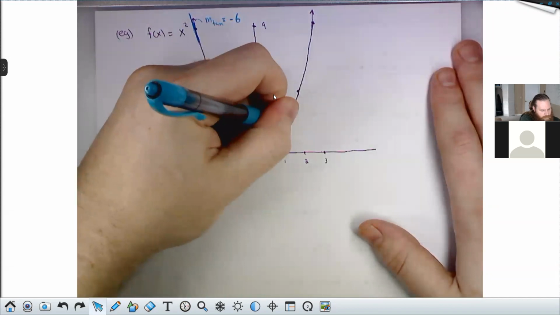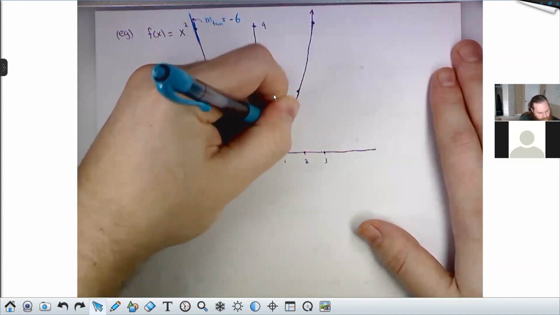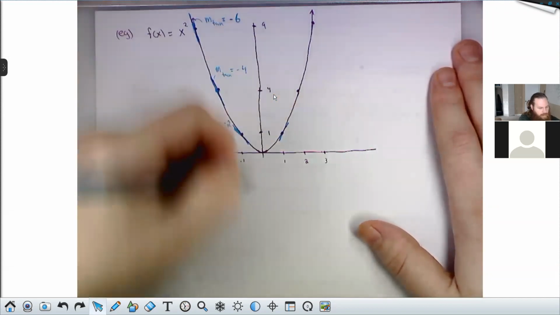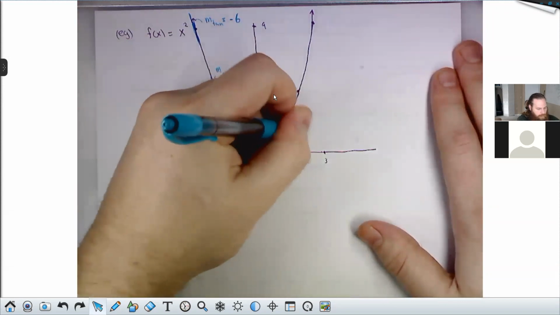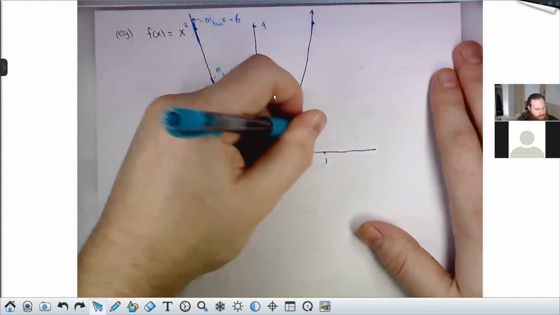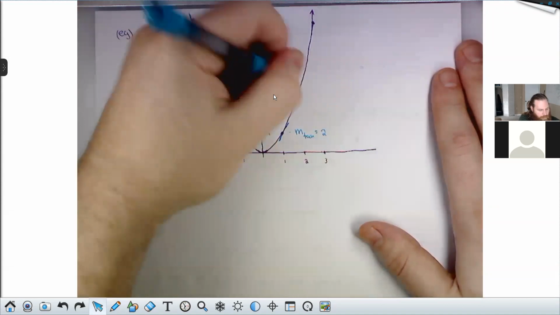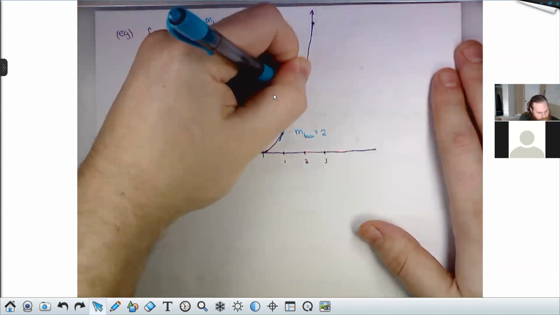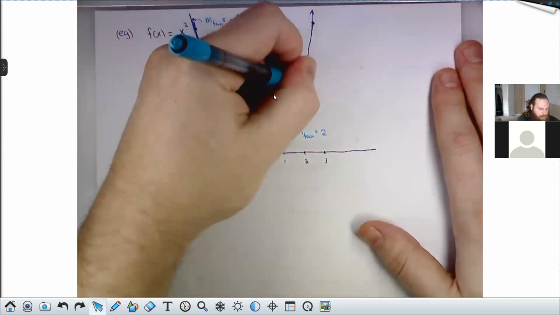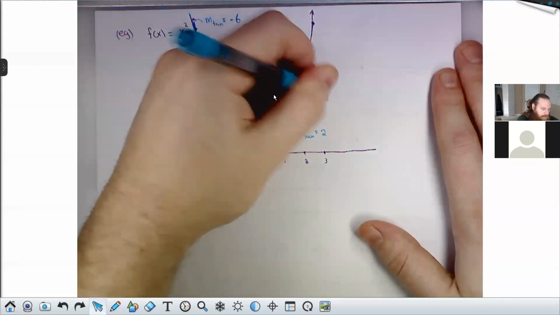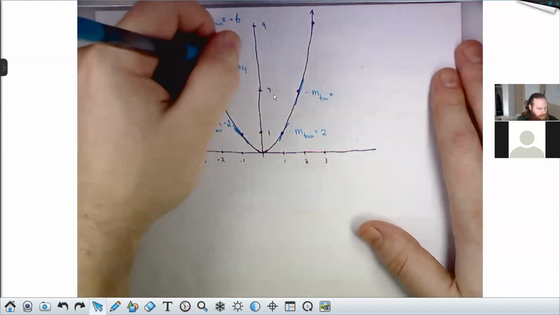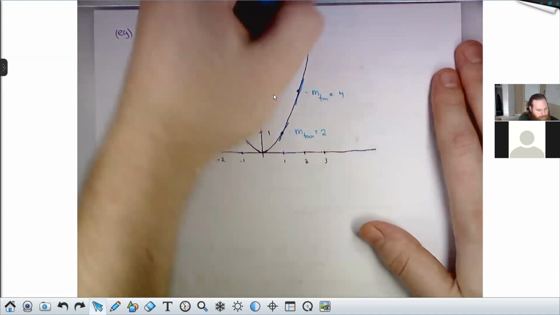And then by symmetry, over here, since this is symmetric about y = 0, the slope of the tangent line here, I would estimate this to be 2. Here I would estimate this to be, well, it's got to be the positive version of this, 4.